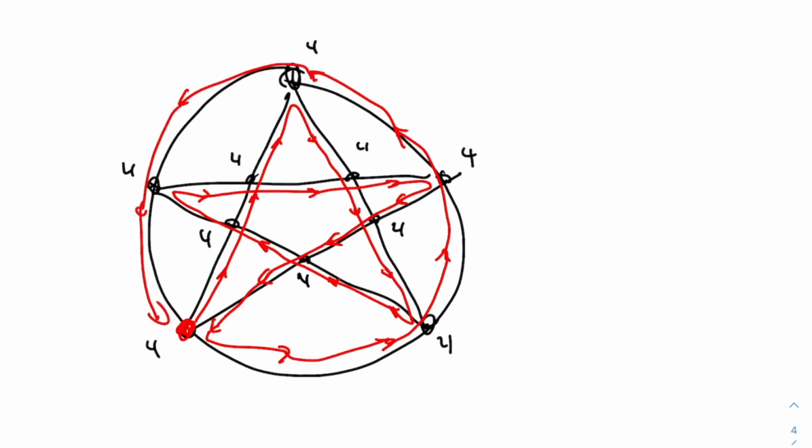And that'll do it. Many different ways to make this circuit work, but that's how I did it. Any questions about that one? So this one has an Euler circuit, right? Okay.